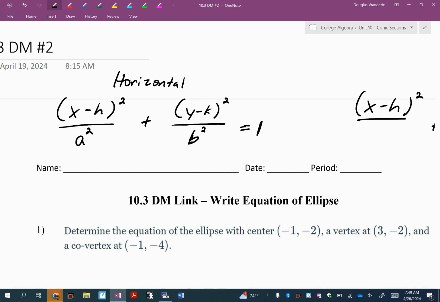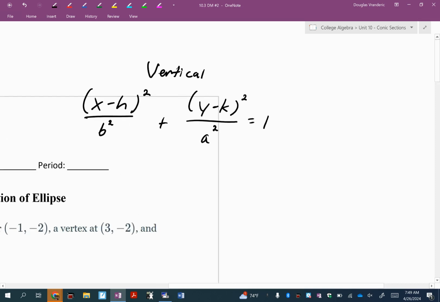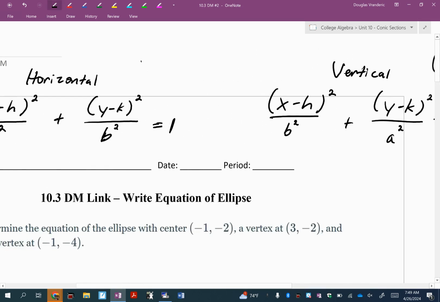Whichever the bigger number is underneath, that helps you determine what type of ellipse it is. So if I put b squared underneath x and a squared underneath y, this is what we call a vertical ellipse. I'll do a quick little sketch. This would be a vertical ellipse, and this is a horizontal ellipse.